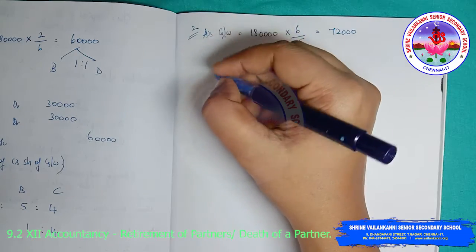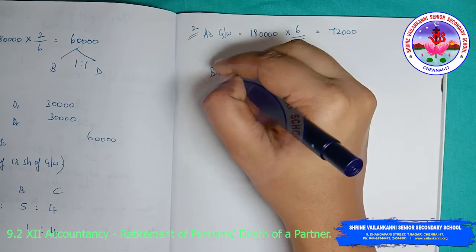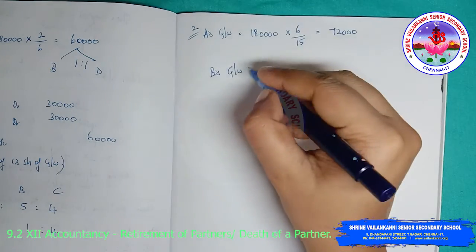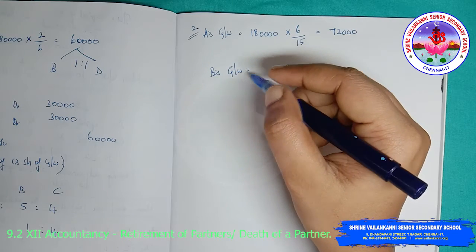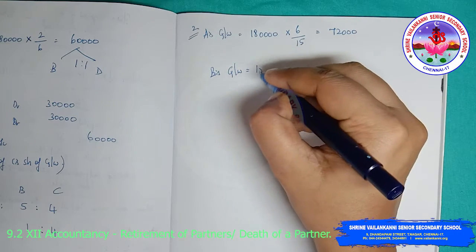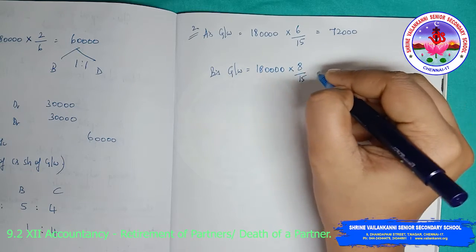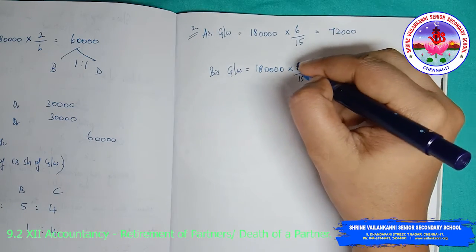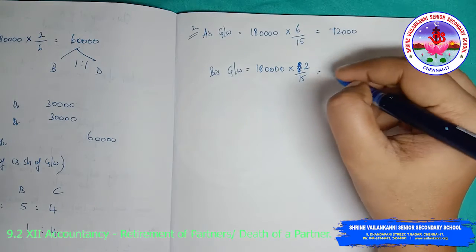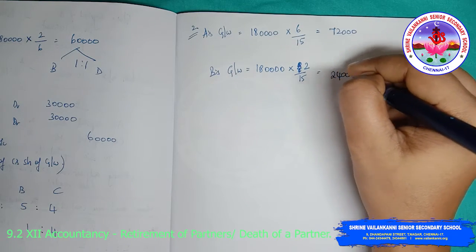And B's goodwill, because B is also sacrificing, is 1,80,000 into 2/15, which is 24,000.